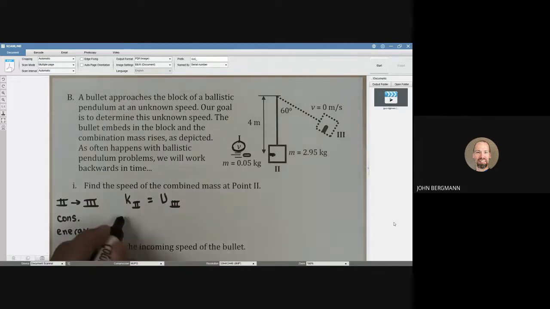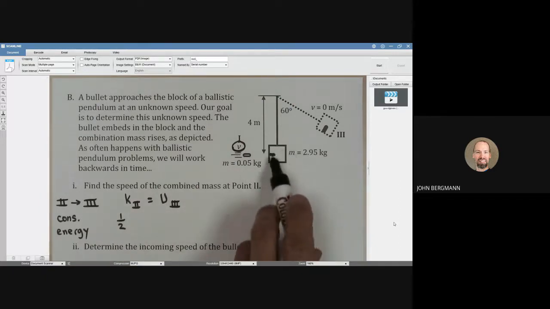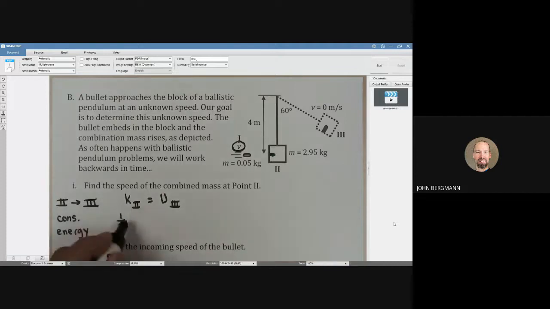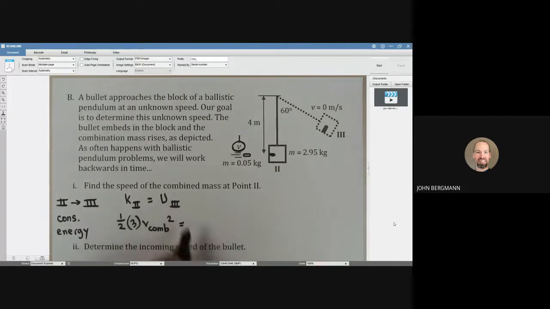So let's see if we can do this. 1/2, now what's the mass going to be? The mass is going to be the bullet plus this block, which nicely comes out to be 3 kilograms. And that has some initial speed, I'm going to call it V combined, when the bullet and the block are combined. And all of that will have turned into gravitational potential energy, which is going to be m times g.